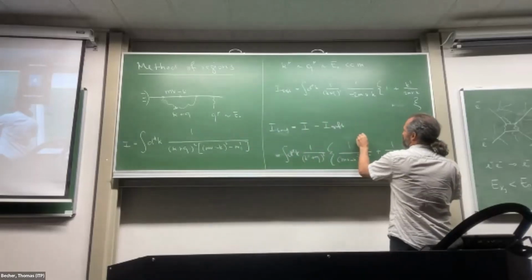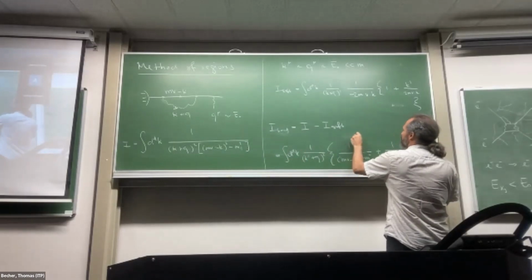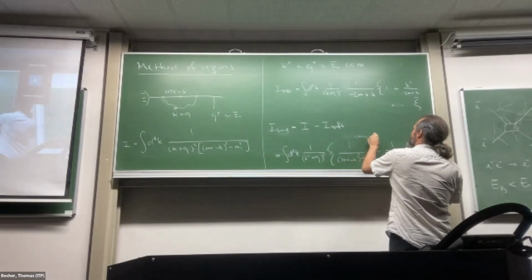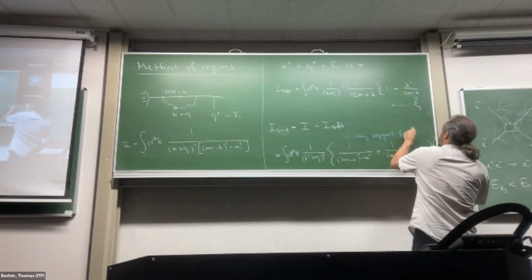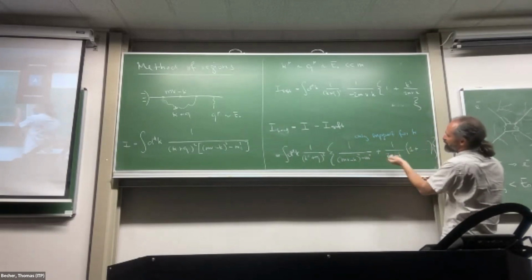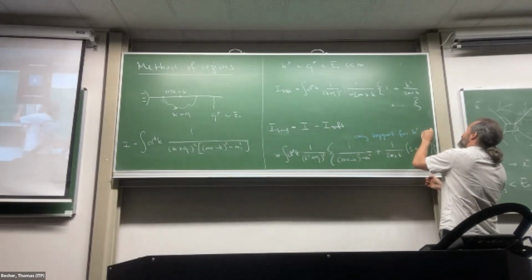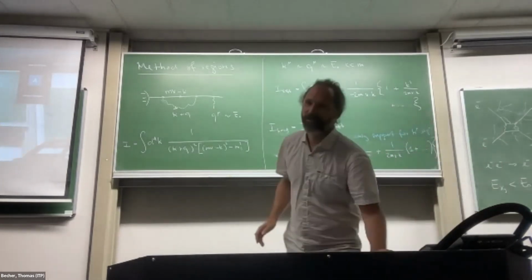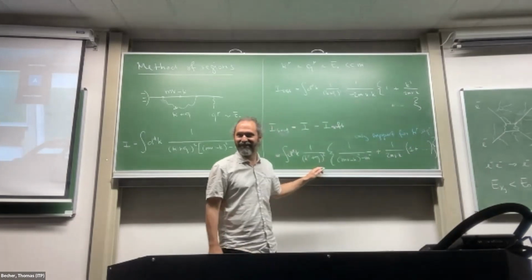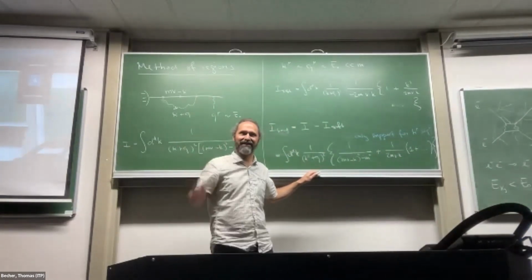So this integral has only support for k much larger than the q mu, than the small scale. So this integral is actually better because this integral really only has support at high energies.